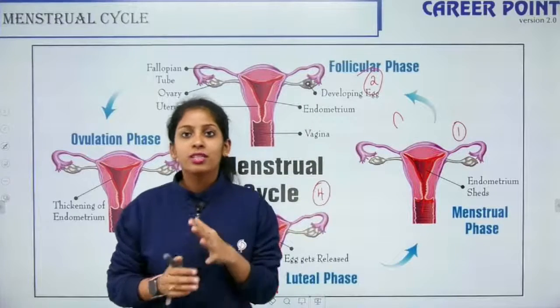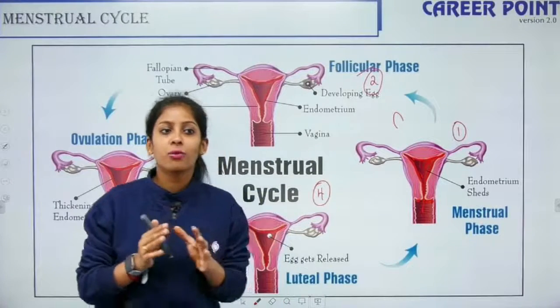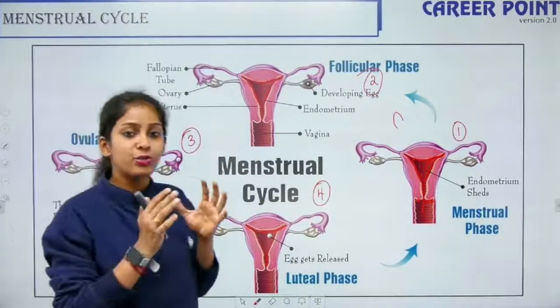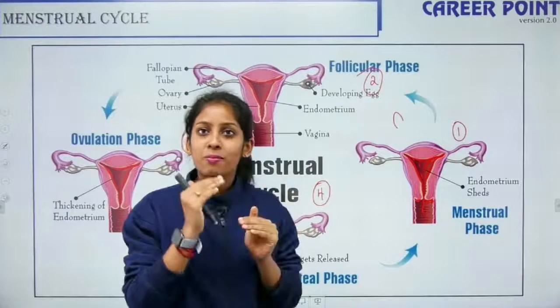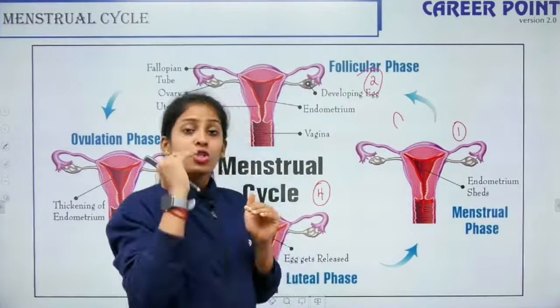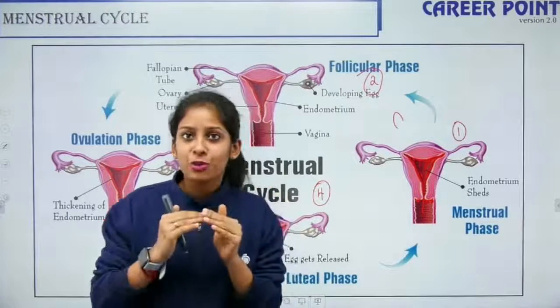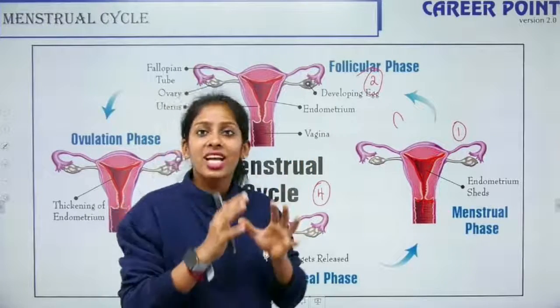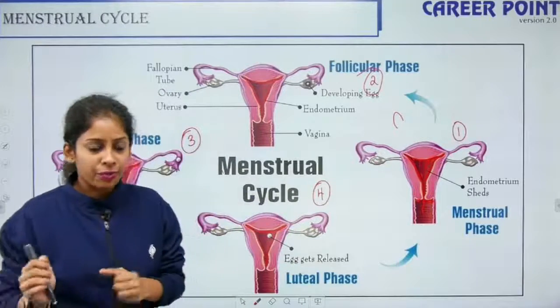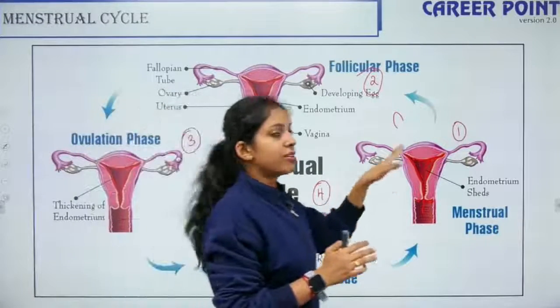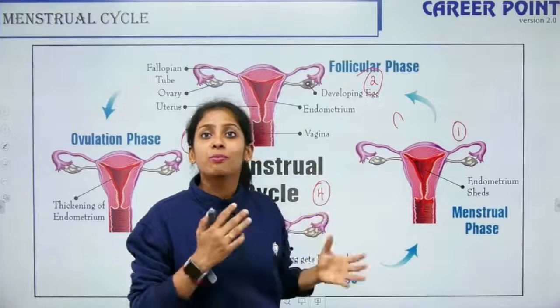When I was discussing the female reproductive system, we spoke about the layers of the uterus: perimetrium, myometrium and endometrium. The endometrium, the innermost layer of the uterus, sheds during every menstrual cycle. This first phase is the menstrual phase or the bleeding phase.